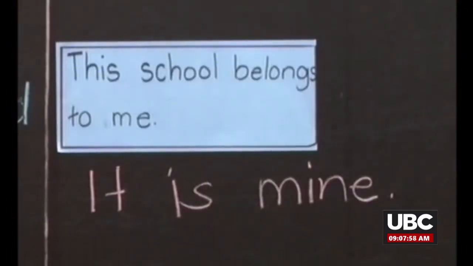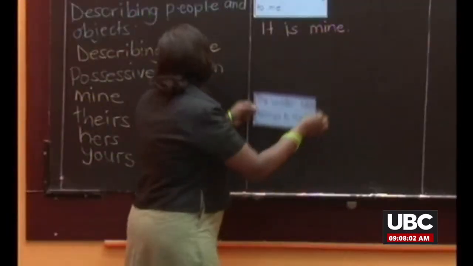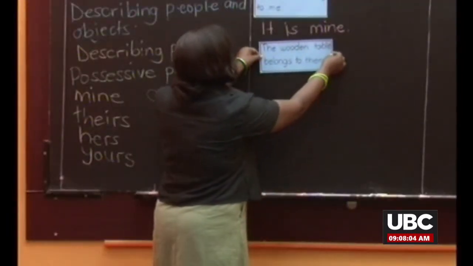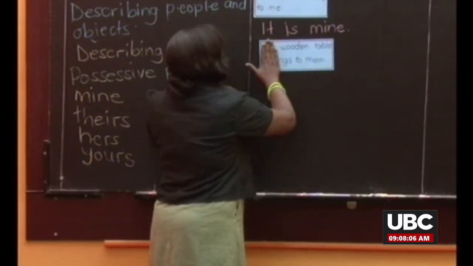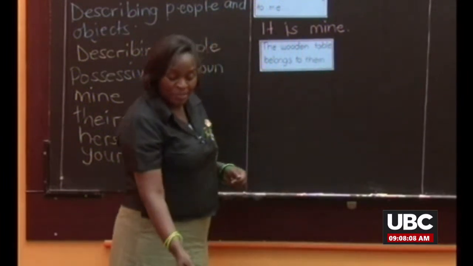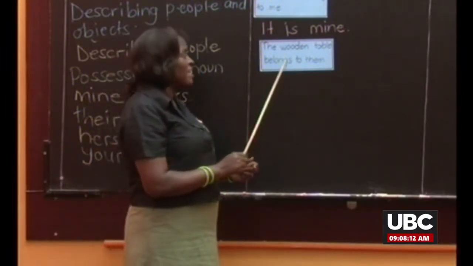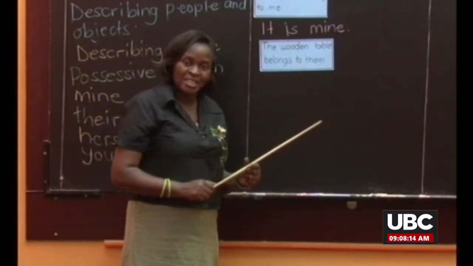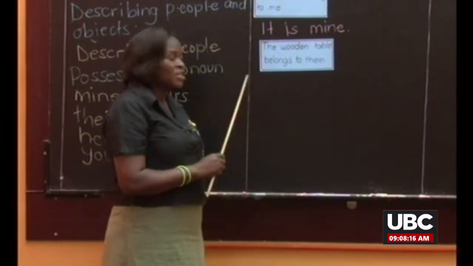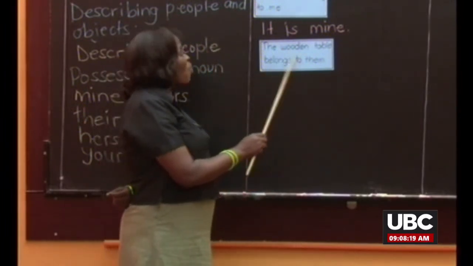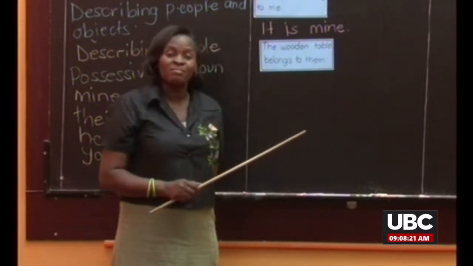Let's get our next sentence. Remember, we are looking at the possessive pronoun, and we want to see how we can get them from these different sentences we are getting. We read it together. The wooden table belongs to them.